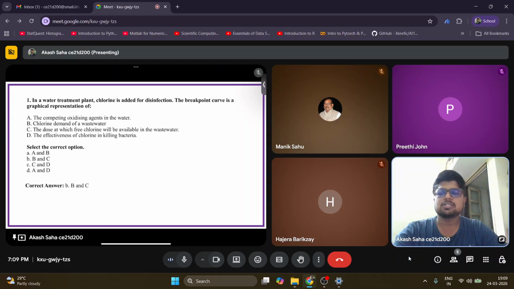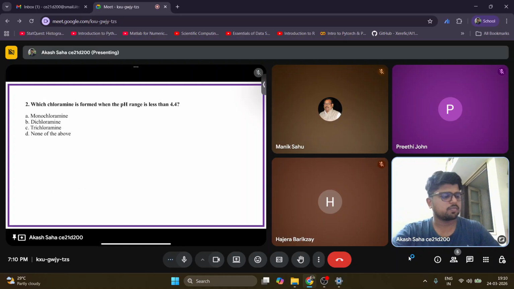So ultimately, what is the chlorine demand and the dose at which the free chlorine will be available? The residual chlorine will be equal to the free chlorine. At that time, what is the dose? That also can be known from the breakpoint chlorination curve. So options B and C both are correct. So the correct option is B. Okay, let's move on to the next one.